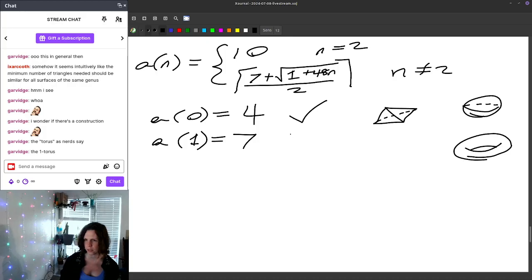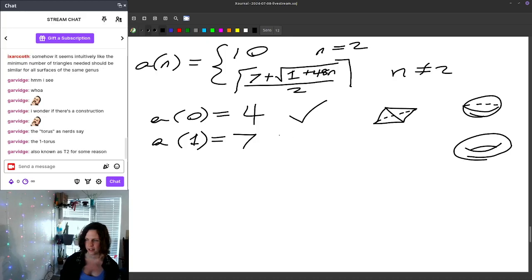Okay, so the claim is that 7 is, oh yeah, right. Some people call this T2. Because T1 is the one-dimensional torus, which is the circle, and then T2 is the donut.